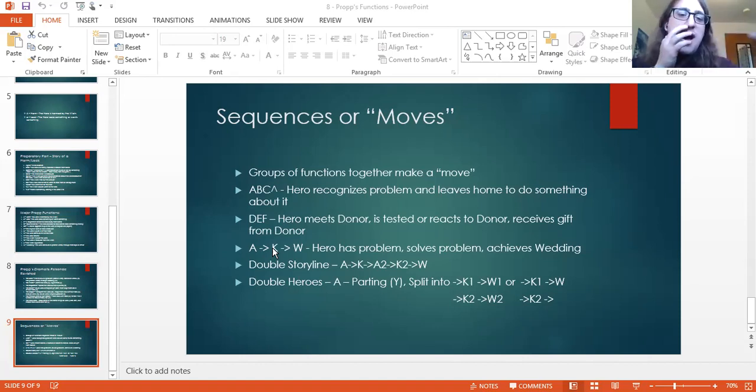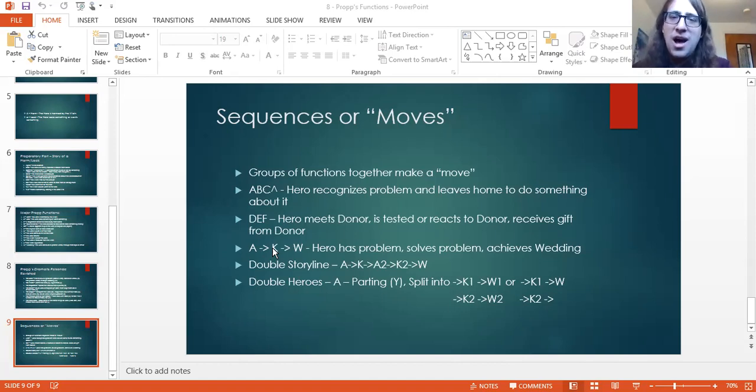So Propp identifies that you can have a storyline which works something like A to K, and then A to K, and then to W. You could have problem number one, solving problem number one, then problem number two, solving problem number two, and then finally the victory at the end. You could have a story that works like that, where it effectively starts over, so you have two moves there. You could also have a story with two heroes, in which case Propp introduces one more function, which is parting.